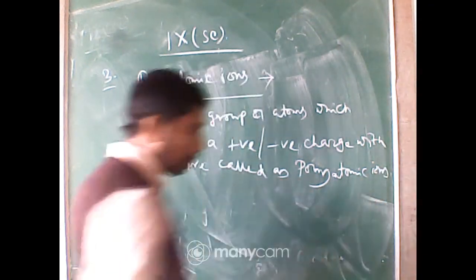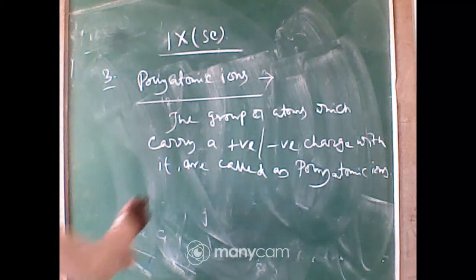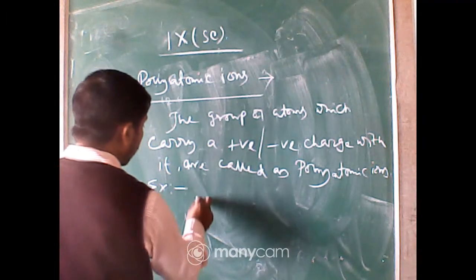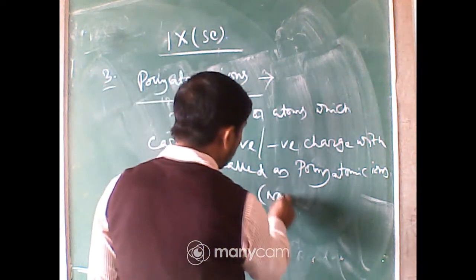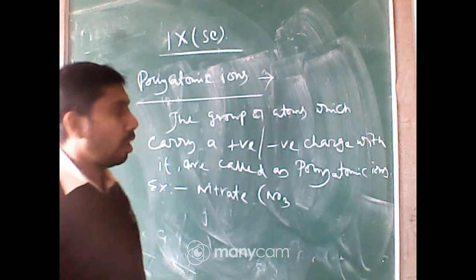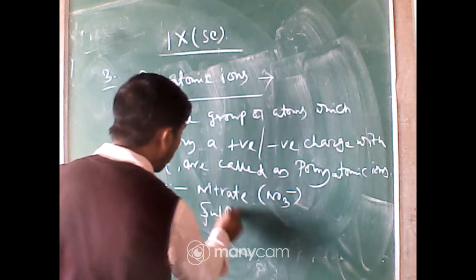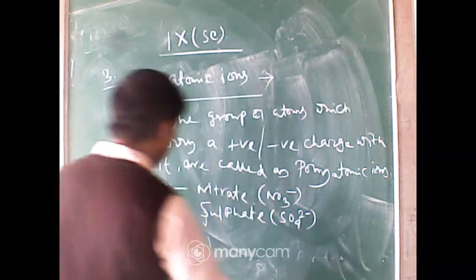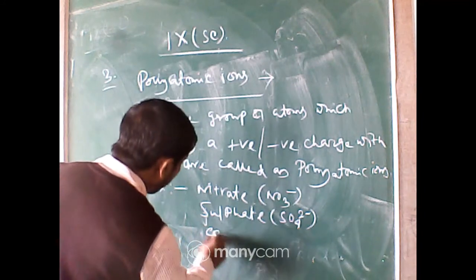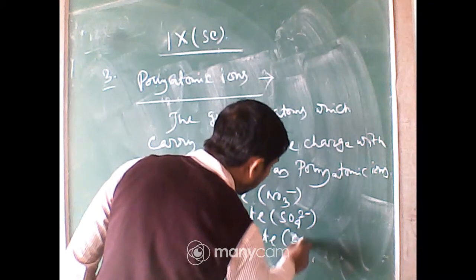What are the examples of that? Sulfate, carbonate, bicarbonate, nitrate, etc. You should be habituated with the formulas: nitrate is NO3 minus, sulfate is SO4 2 minus, carbonate is CO3 2 minus.